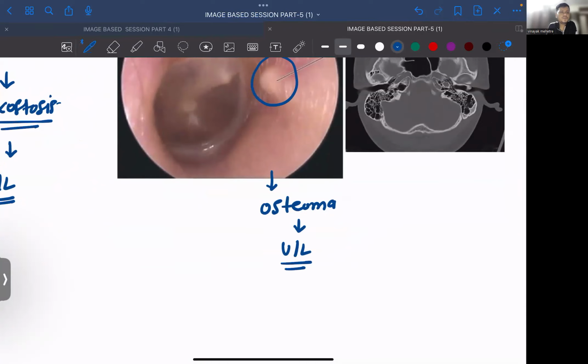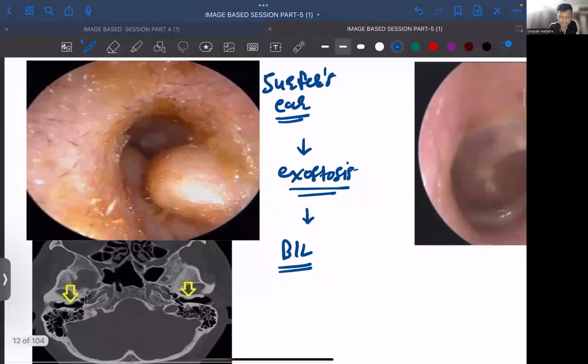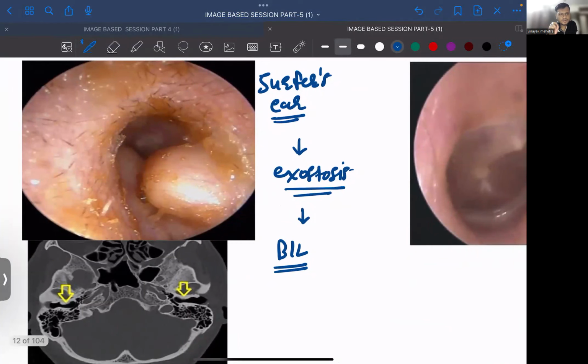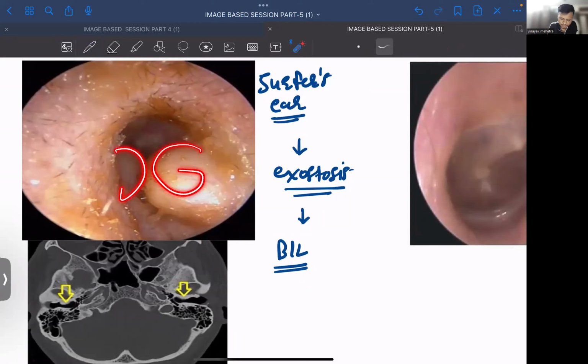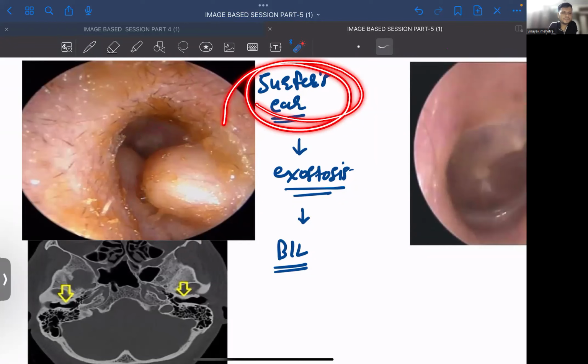It is a tumor of bone; it says oma, right? Exostosis, even in a single ear, will not be a single dot. There will be multiple. It is a protective mechanism of the ear. The reason is that the patient surfs in cold water.